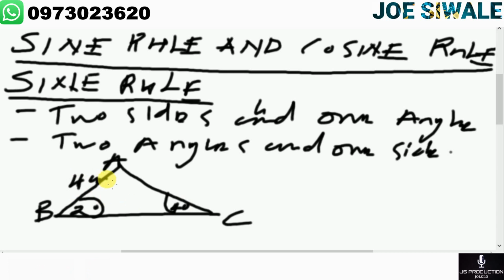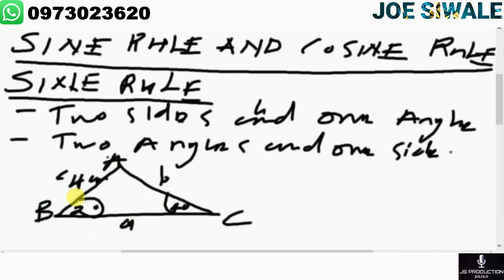In the question, if you have been told to calculate the length of side b here, you know that this b is opposite to B. So here there is a B, here there is a C, here there is a small letter a. This means you can use the sine rule.